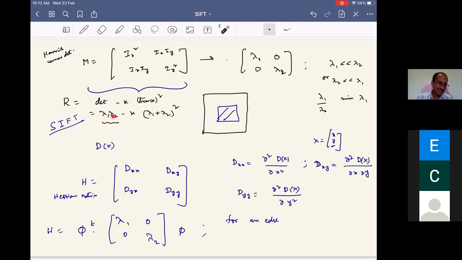If both lambda 1 and lambda 2 are high, lambda 1 into lambda 2 will be much higher than lambda 1 plus lambda 2. Based on that property, we quantified the cornerness index.